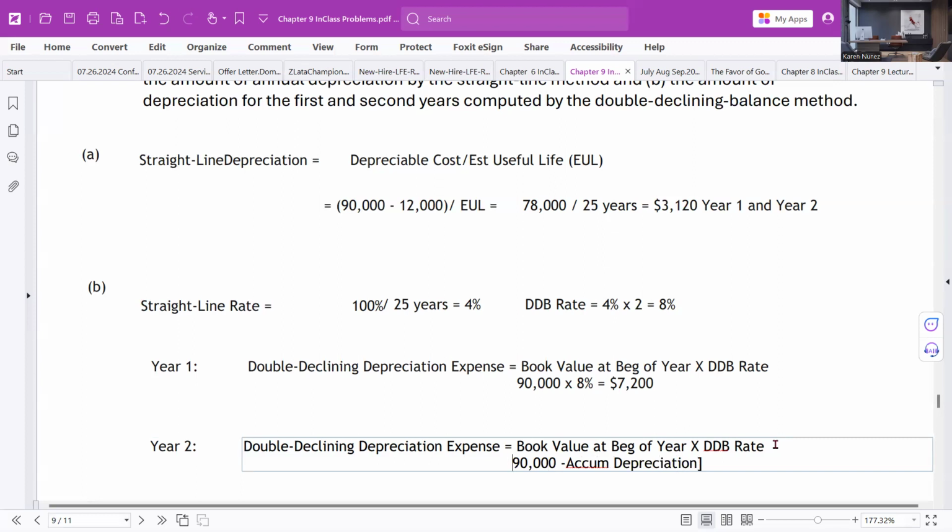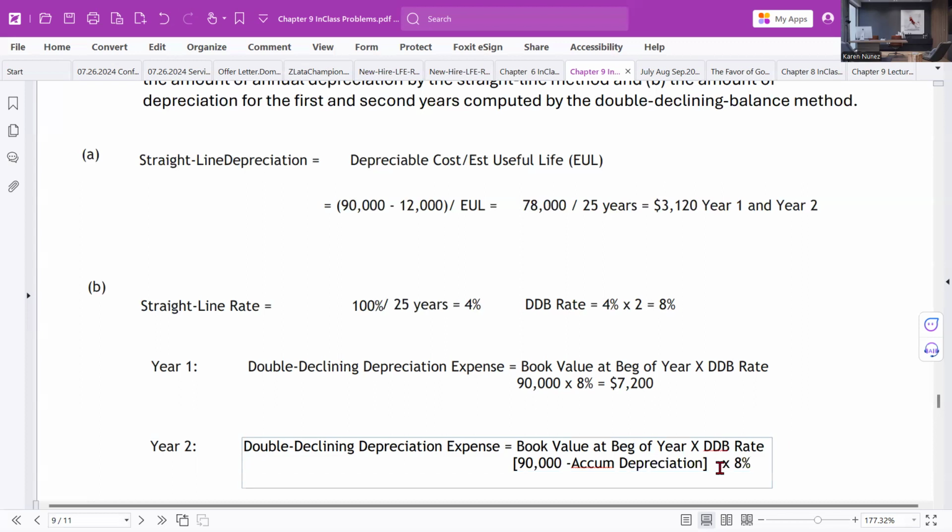That's how you're going to get book value. And once you get the book value, minus the cumulative depreciation, that'll give you the book value for this current year. And we want to multiply that times whatever that DDB rate is, which is 8%.